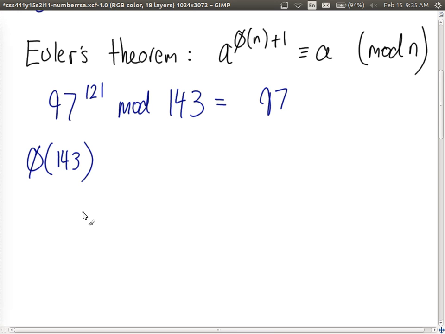Something times something equals 143. What is something? What did you get? One of the somethings is 11. 11 times 13 is 143.